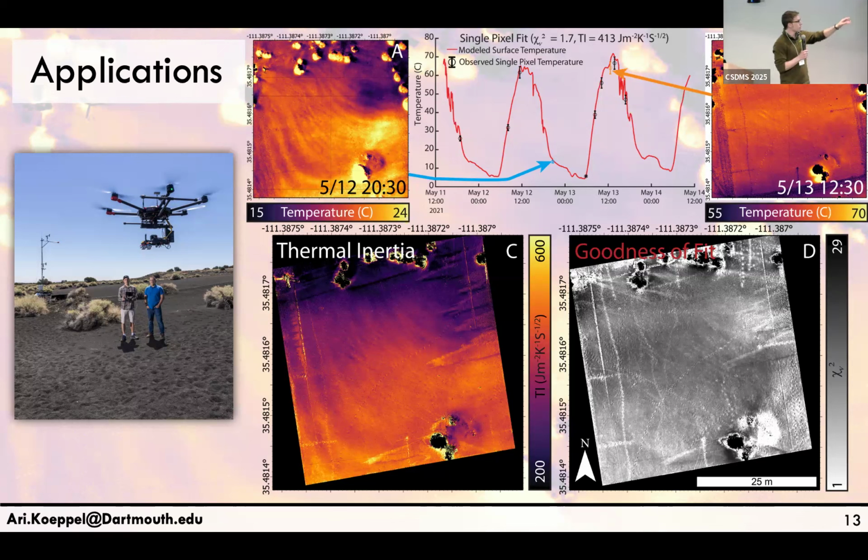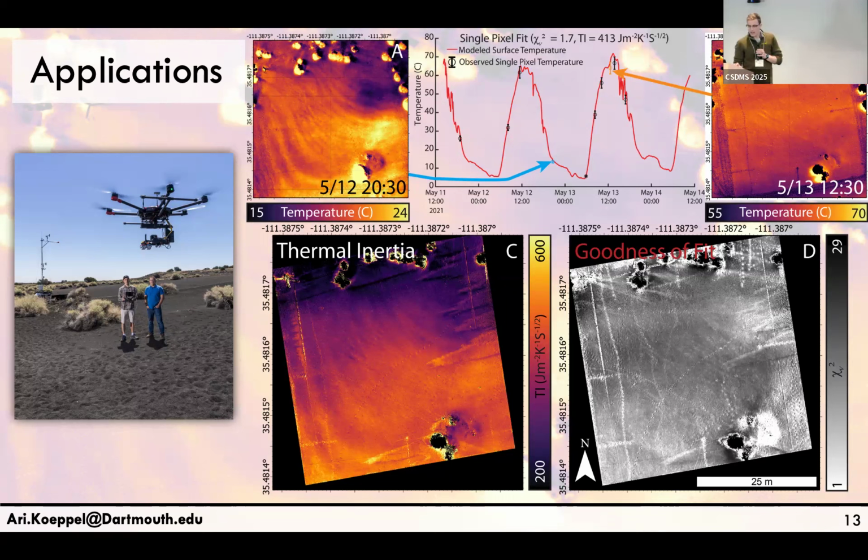So these are mosaics, the top 2 on the left and right, mosaics of surface temperature taken with a drone. And now, instead of, like in that Mars diagram, fitting for many, many points throughout the day, now we're just fitting for a few, in this case, 9 over the course of 3 days.